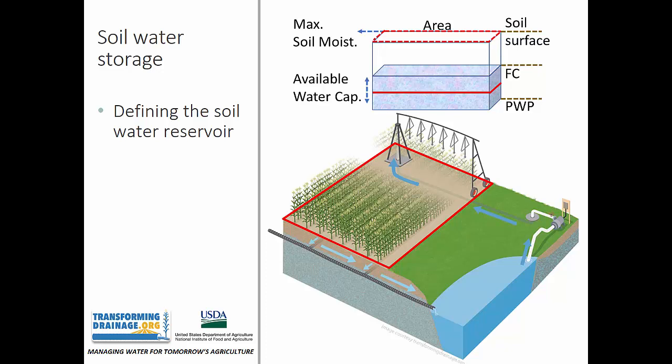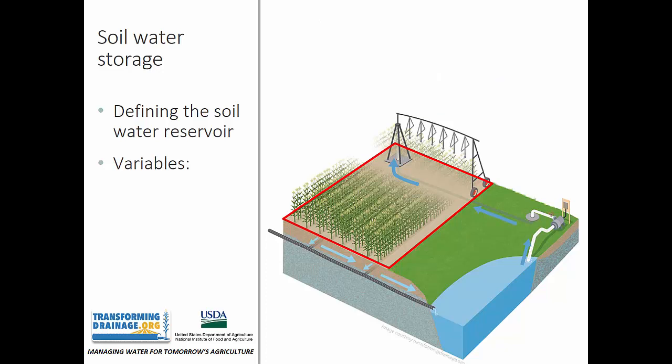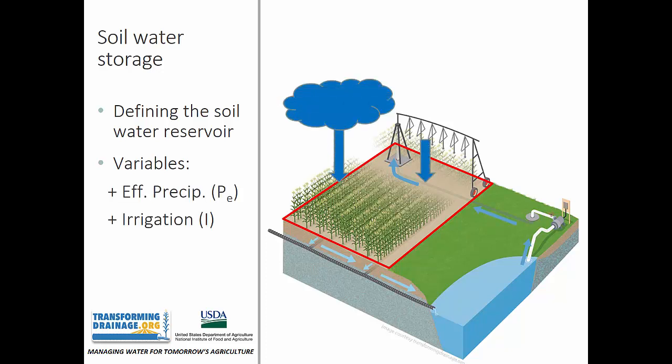the on-farm water storage. Next, to construct the daily balance of soil water, we use 3 primary variables to help us track this. The first 2 are additions to the soil water reservoir, these being effective precipitation, or the portion of natural precipitation that doesn't run off or seep out of the root zone, and the irrigation applied.